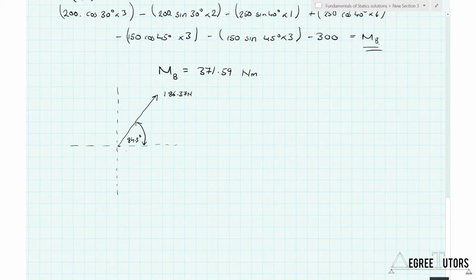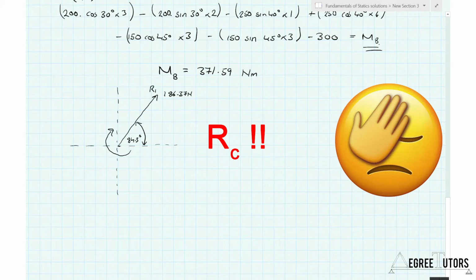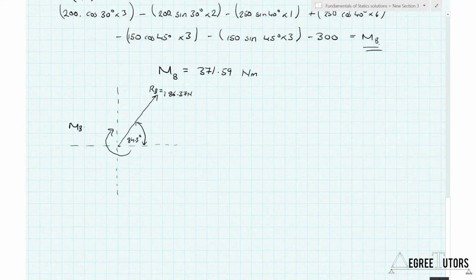But we also have to apply a moment clockwise about the origin. Let's just label that RB, and then this can be MB. The moment we apply is equal to 371.59 Newton meters. Okay, excellent.